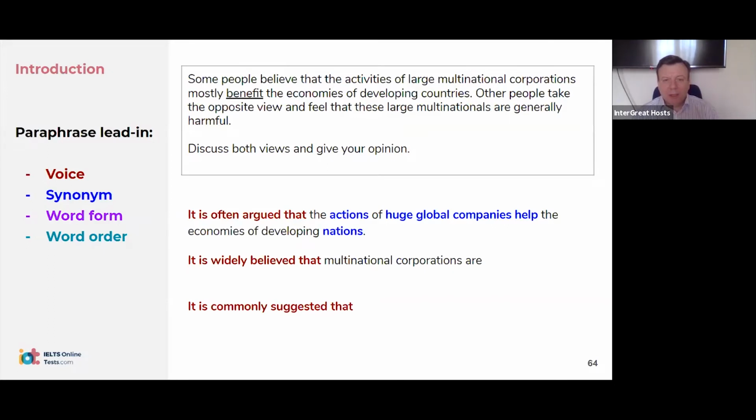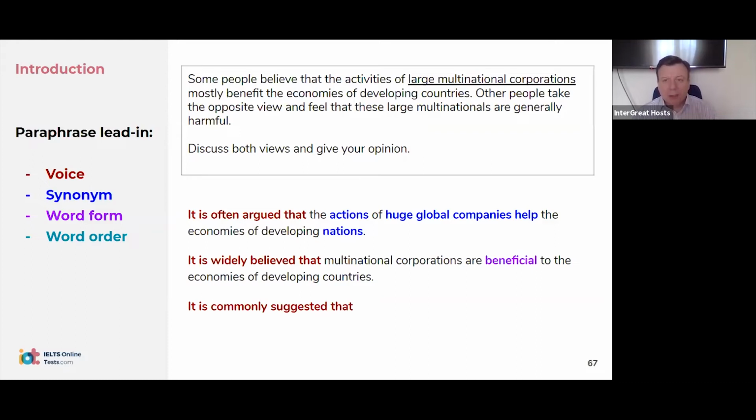So it's widely believed that multinational corporations are. So think of the word form. Yeah, good, Mia. Sky, very good. So the economies of developing countries.